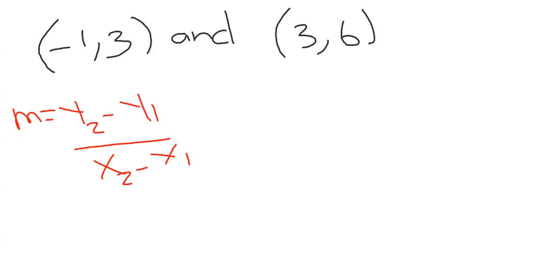To find the gradient, label your coordinates, this set of coordinates, label them coordinates 1, then label these ones coordinates 2 to make life easier for you. And then remember that every coordinate has a value of x and a value of y.